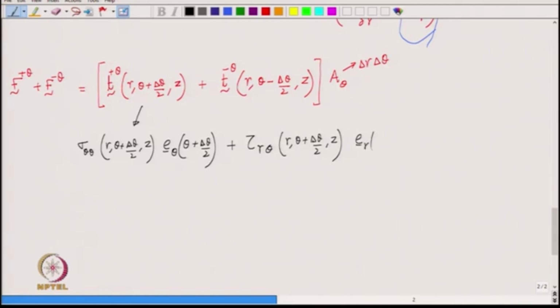So, E r at theta plus delta theta by 2, plus tau z theta at r comma theta plus delta theta by 2 comma z into E z, but for E z there is no change, E z is independent of change in the theta coordinate, is it not. So, E z does not change.